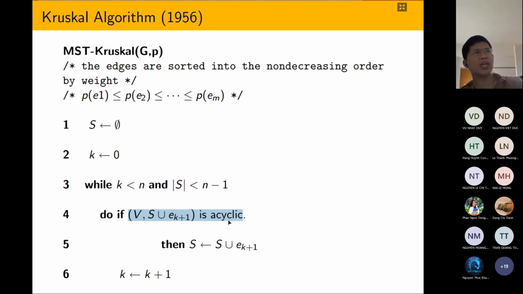Is there any solution in the algorithm to check that? If we check for a cycle, what can we do?